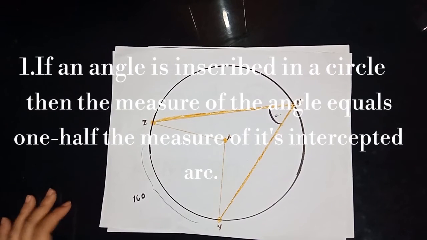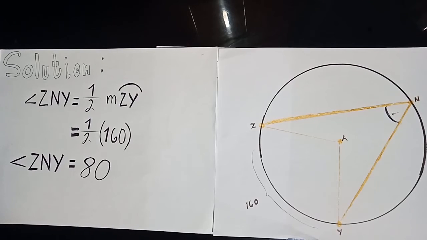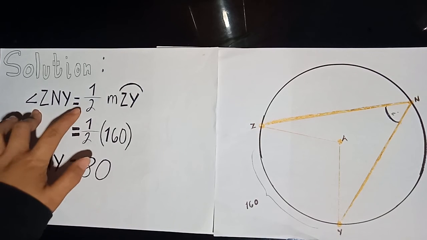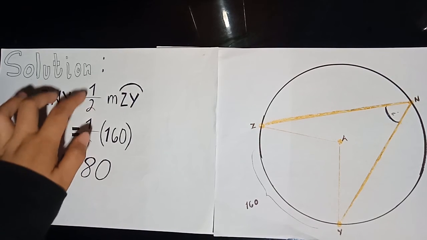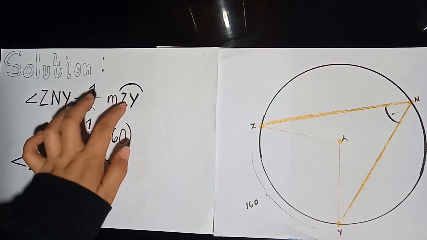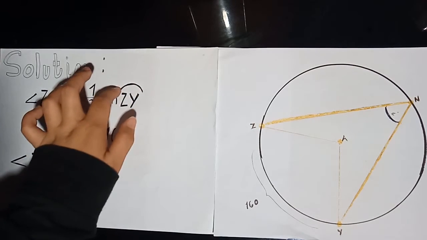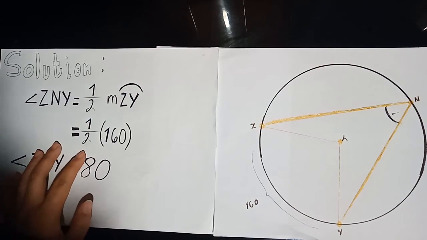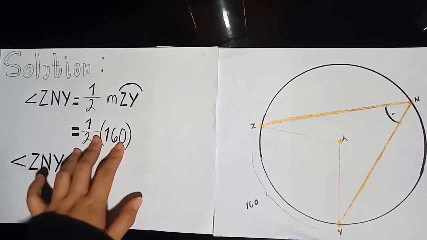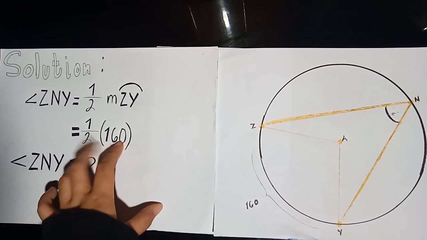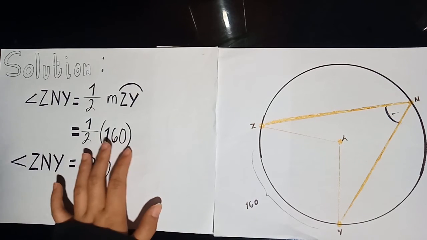So here is now the solution. Angle ZY equals 1/2 times the measure of arc ZY, which is equal to 1/2 times, substituting the measure of ZY, which is 160 right over here.